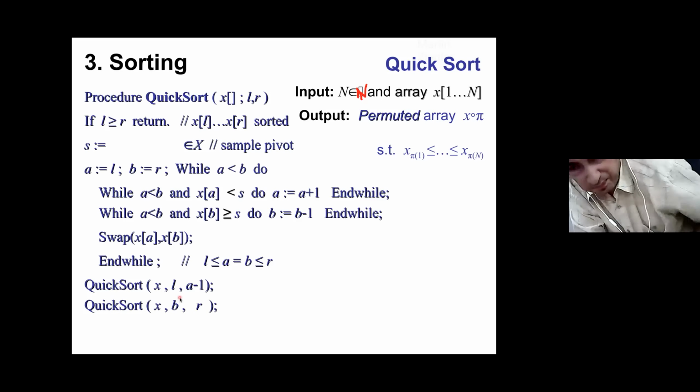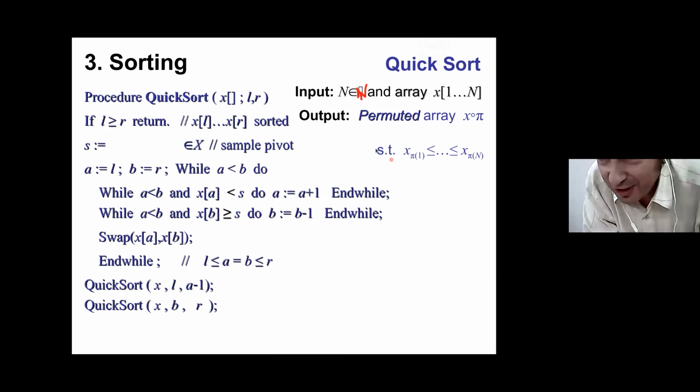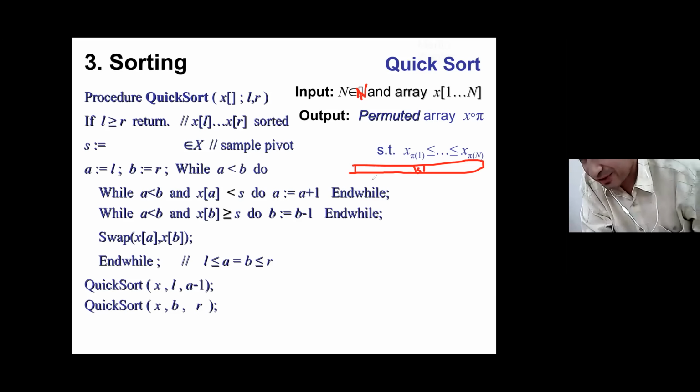So we want now to achieve that you have something like this. We choose a reference element S, okay, which I will review in a moment.